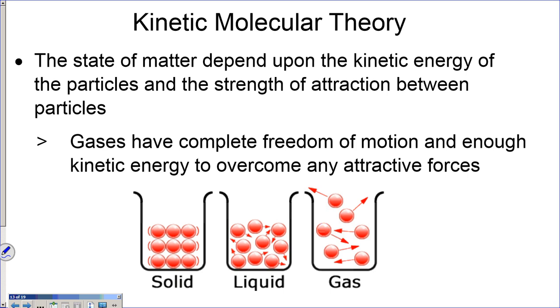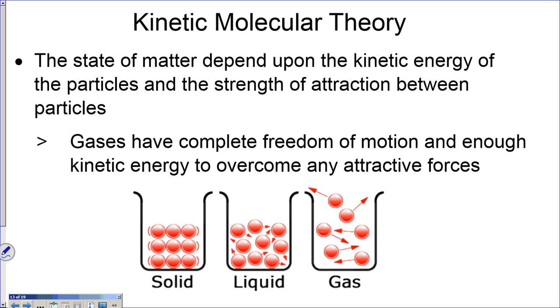So the kinetic molecular theory is the state of matter depends on the kinetic energy of the particles and the strength of attraction between the particles. So depending on the temperature and the strength of attraction is going to result in your state of matter. And we're going to walk through each state of matter so you can see what's happening with it.